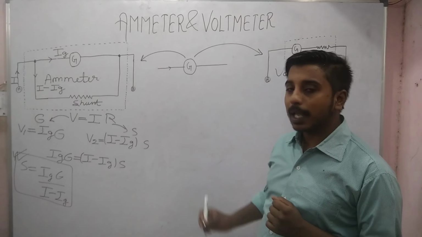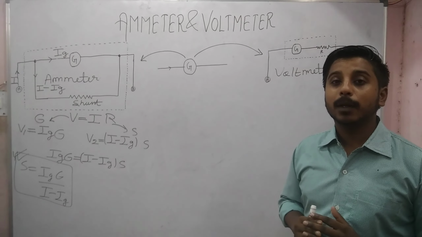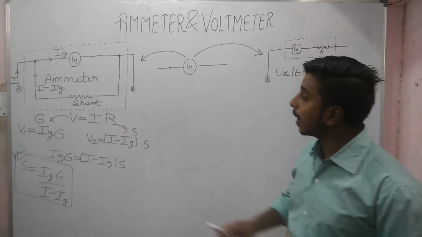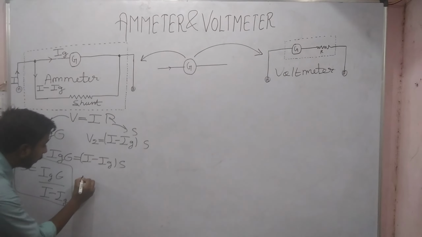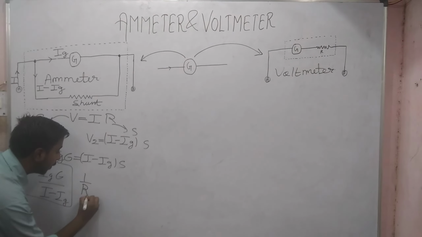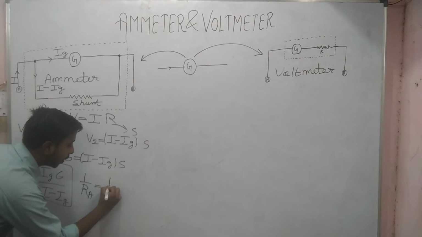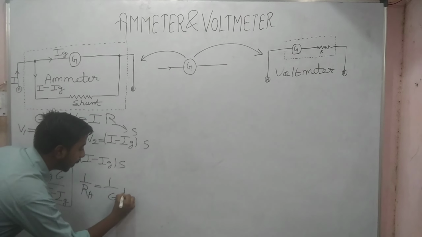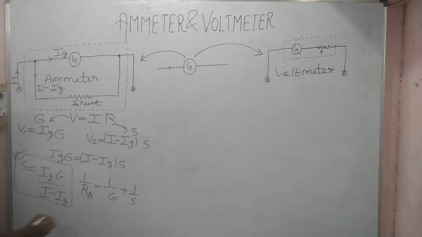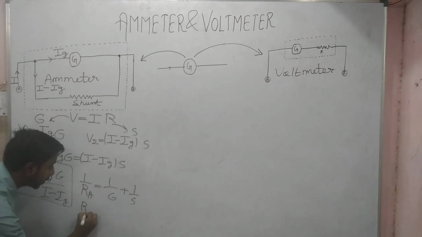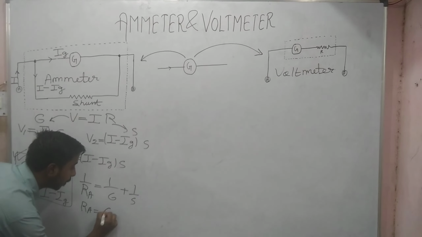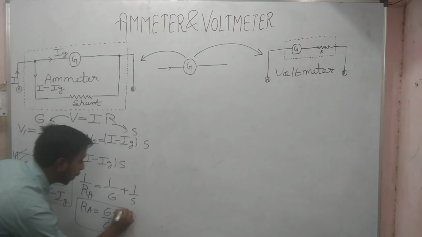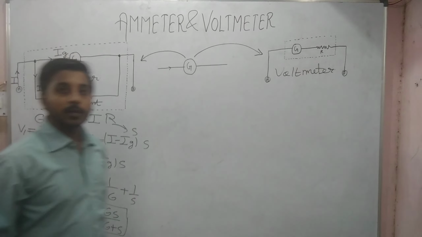Also, if somebody asks what is the resistance of this ammeter, you will just apply the simple formula of resistance in parallel. So resistance of ammeter, parallel arrangement, so 1 upon Ra is equal to 1 upon G plus 1 upon S, which will become resistance of ammeter is equal to G into S upon G plus S. Is this part of the board visible?